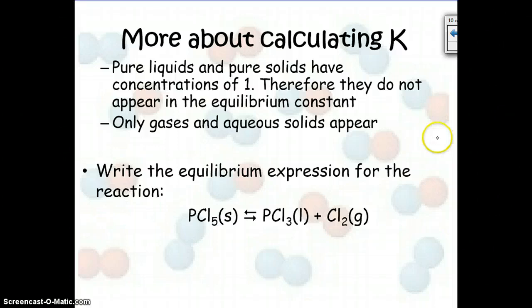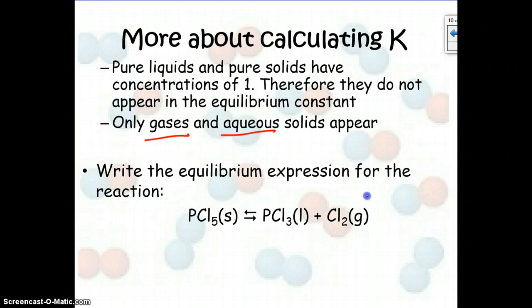A little bit more about calculating K. When we're calculating K, pure liquids and pure solids are considered to have concentrations of 1, and therefore do not appear in the equilibrium expression. Only gases and aqueous species appear.